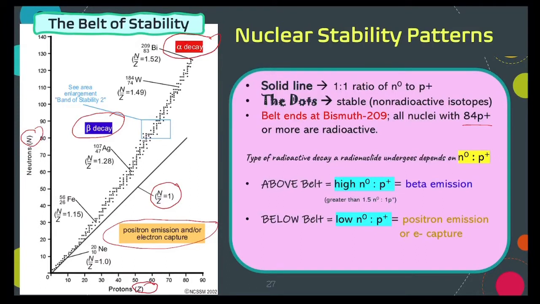In order to decrease the number of protons, the nuclide will emit either a positron or it'll undergo an electron capture. And in doing either of those two processes, the proton will convert into a neutron. If the atomic number of the radionuclide is greater than or equal to 84, the nucleus will undergo an alpha emission.